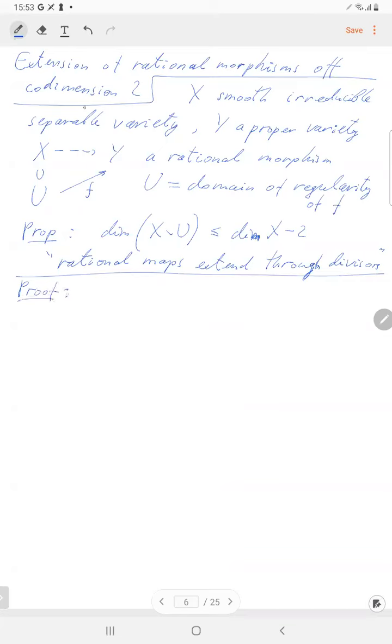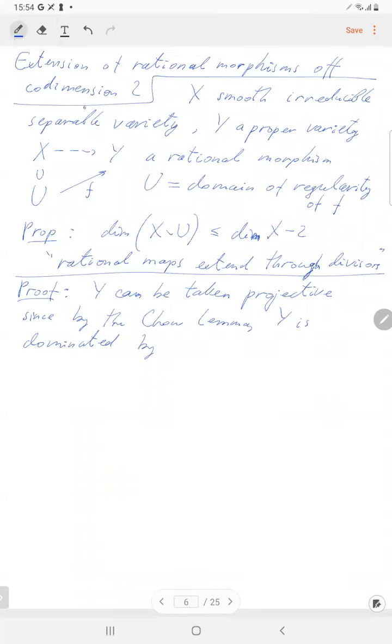First of all, we can immediately reduce it to the case of projective Y. So Y can be taken projective, since by the Chow lemma, Y is dominated by, say, Y prime, but that is projective, and goes to Y. This is regular and birational.